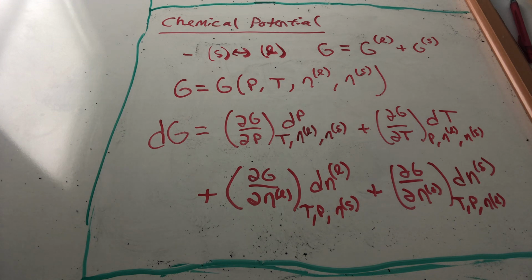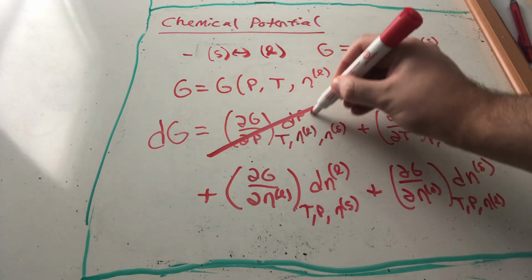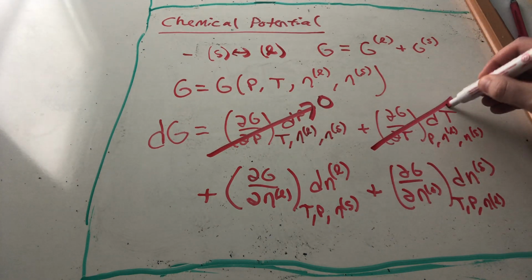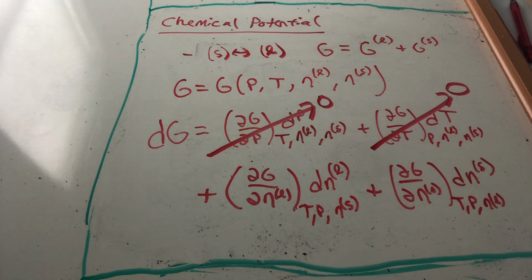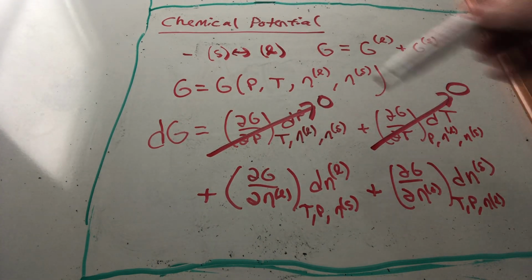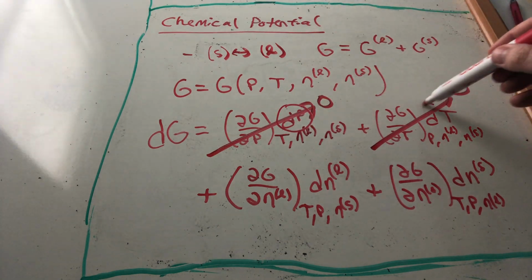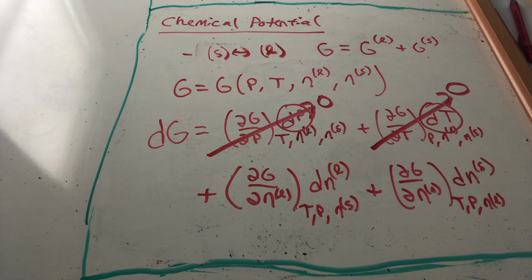Now, when we talk about phase transitions, when we talk about actually doing an experiment associated with a point in a phase diagram, as we said before, we want that important G. So these terms are going to go to 0 because we're going to do things under isobaric and isothermal conditions.